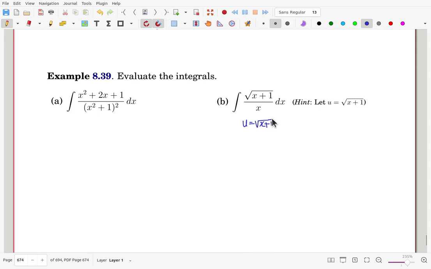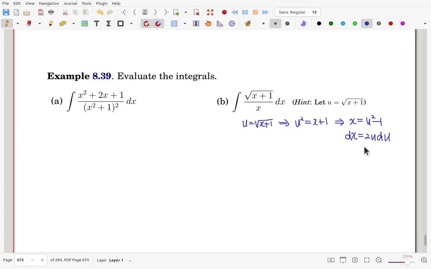We are making this u substitution. Then u squared equals x plus 1, so x is u squared minus 1. Of course, dx is the same as 2u du, right?